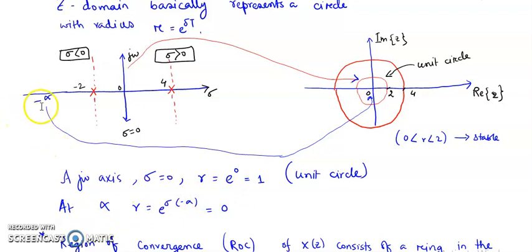Okay, and if there is a pole at infinity, then that can be represented by the point 0. That is, it will not indicate any circle, it will be referring to the point 0 in the z domain. Because at infinity we are getting r is equal to 0, so its radius is 0.